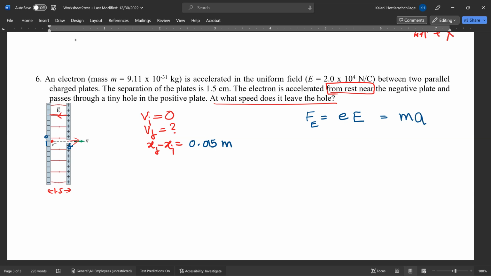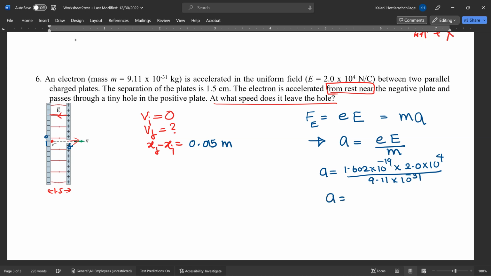So now I can find the acceleration from this first. Acceleration will be equal to the charge of the electron times the electric field divided by the mass, and this is going to be in the right direction, or x direction, right? So you can calculate it. 1.602 times 10 to the negative 19 is the charge of the electron, the electric field is given as 2.0 times 10 to the power 4, all in SI units, and the mass is 9.11 times 10 to the negative 31, all in SI units.